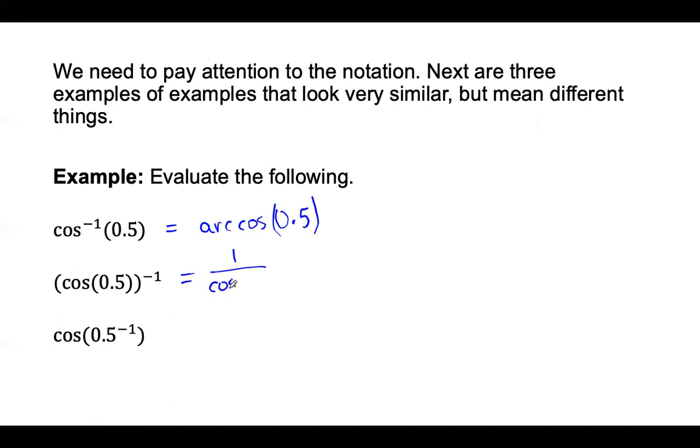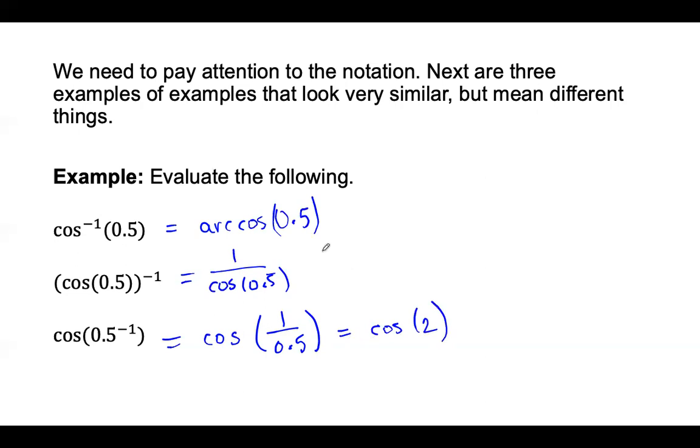And this one means something different too. This means cos of 1 divided by 0.5, which is also equal to cos of 2.